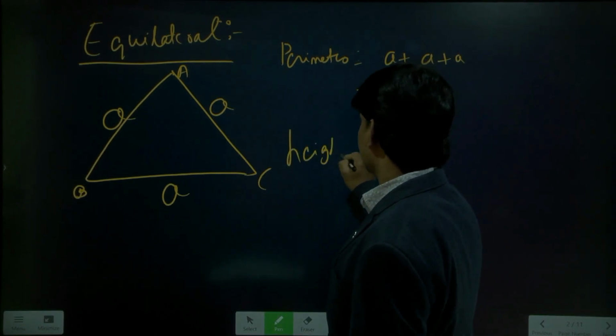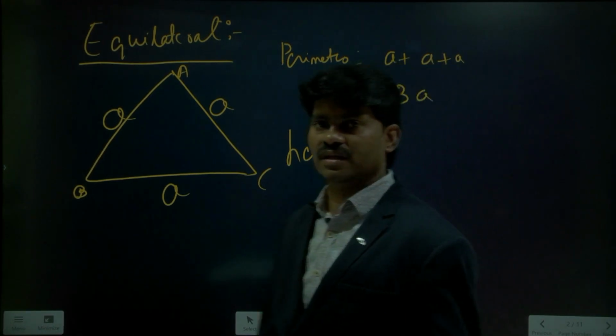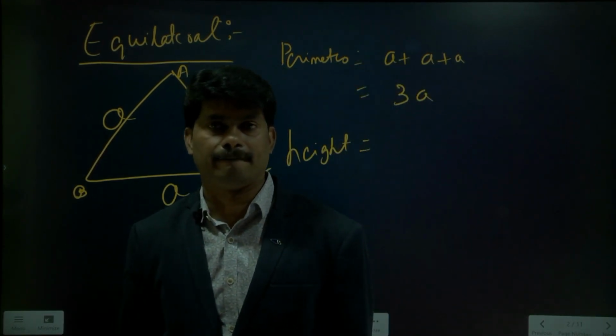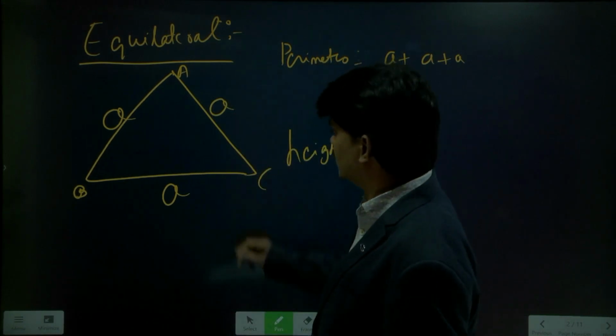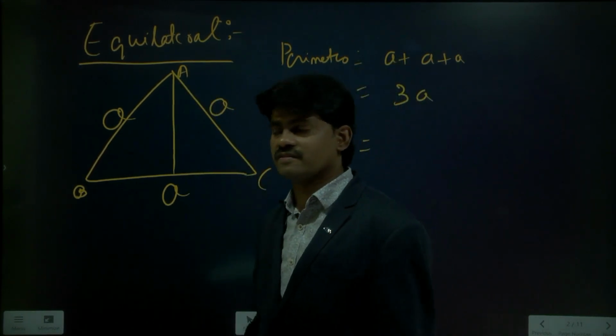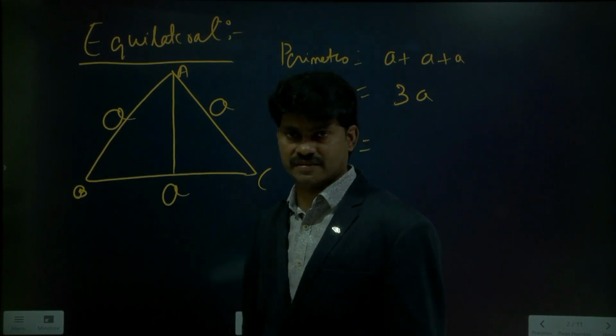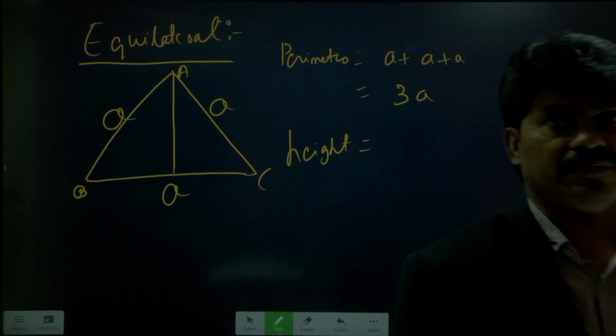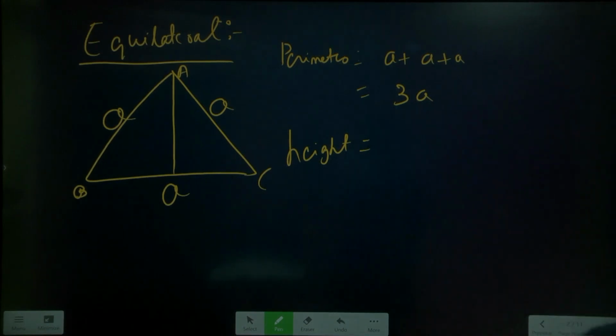Height we can call altitude; altitude and height are both the same. This is the height, the perpendicular distance from the opposite vertex to the base. Now how to find this height? Let us see.